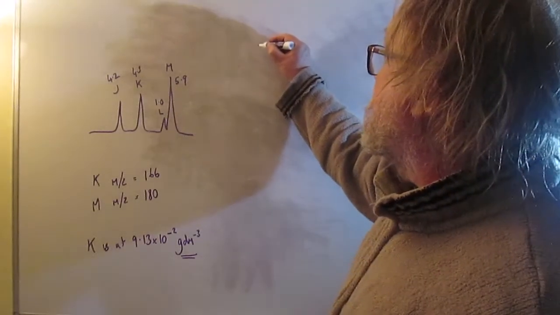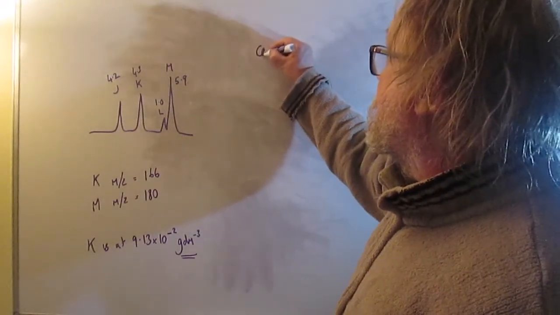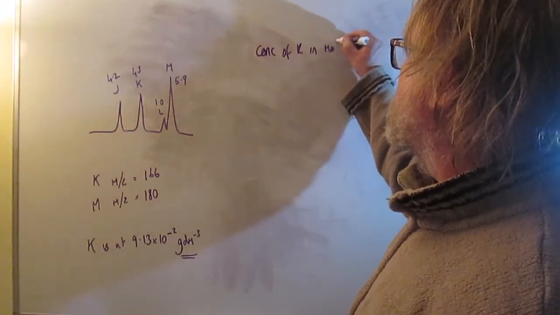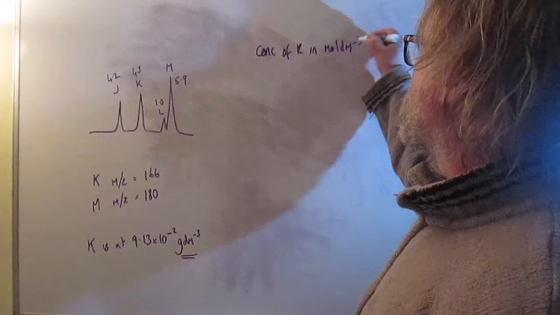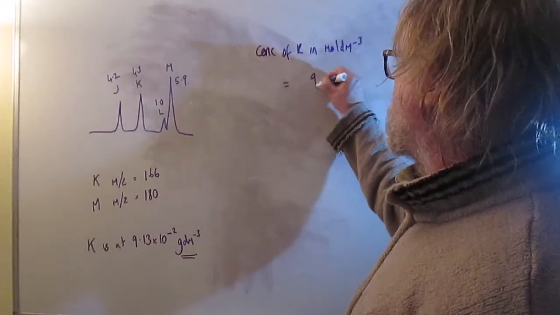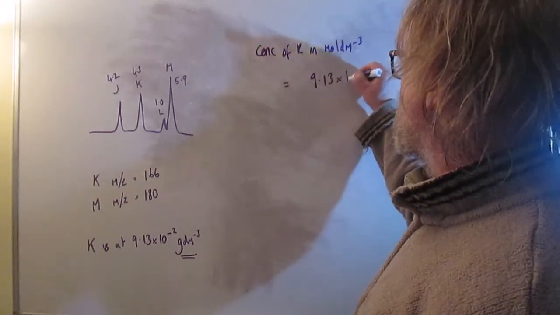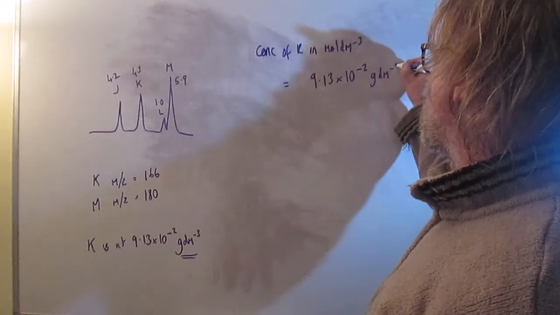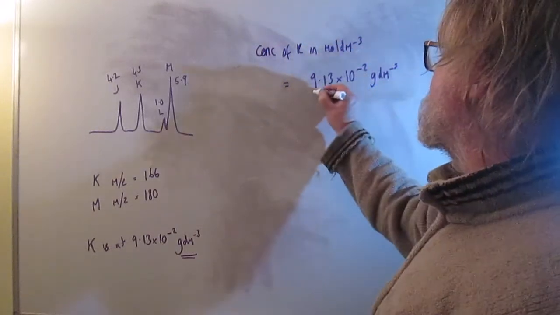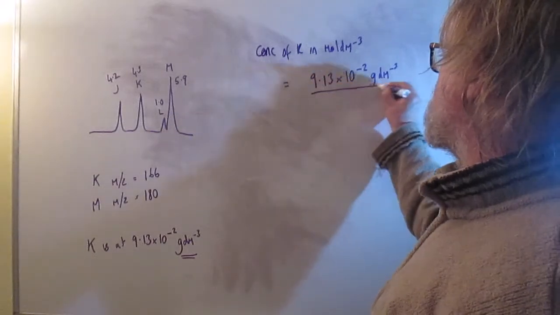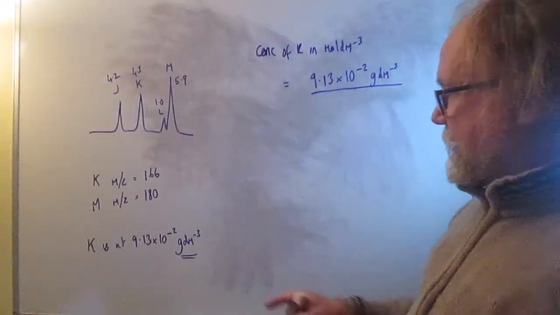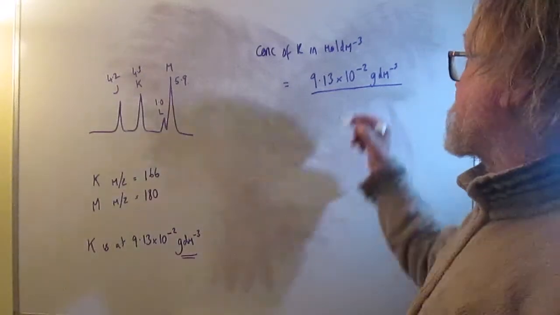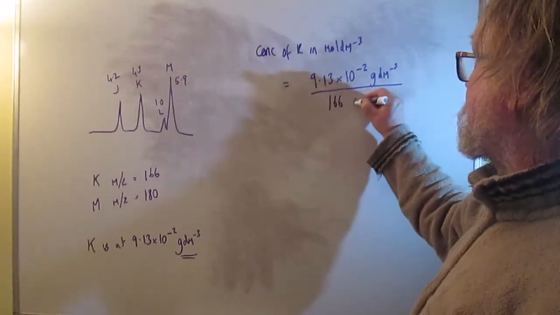So we get concentration of K in moles per dm cubed is equal to 9.13 times 10 to the minus 2 grams per dm cubed, which is the concentration, divided by the molar mass, which is 166 grams per mole.